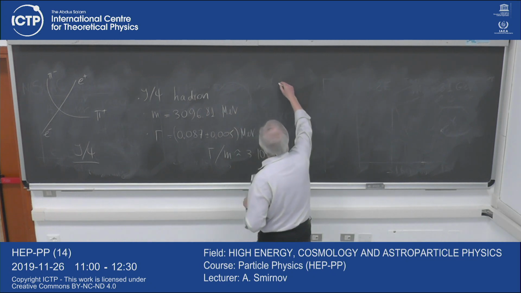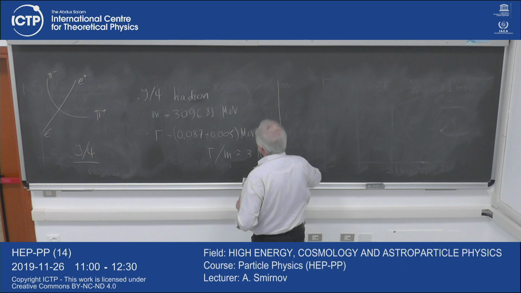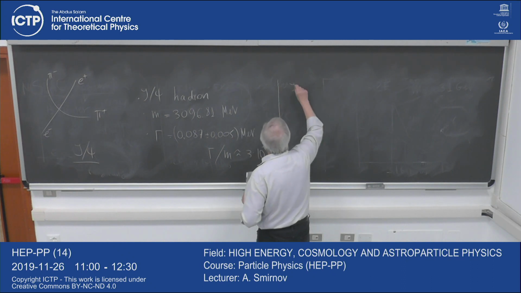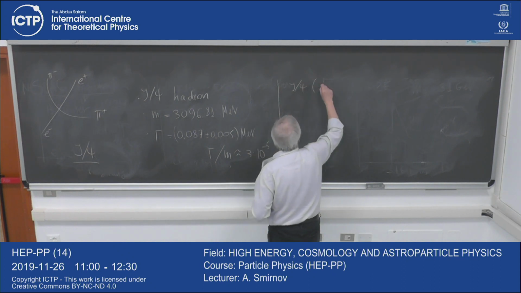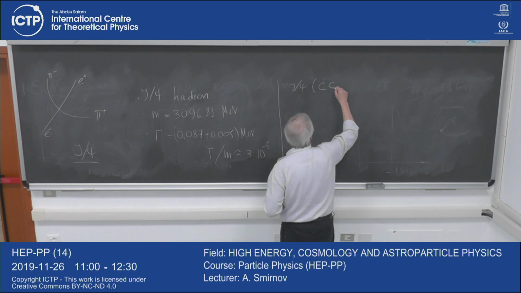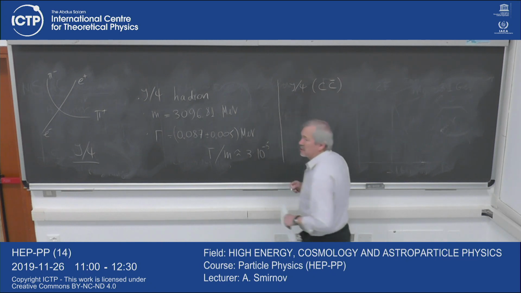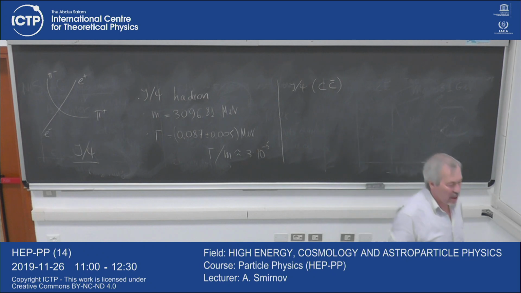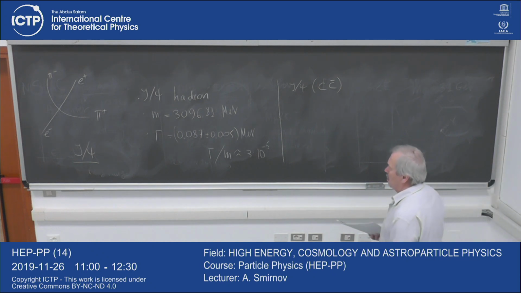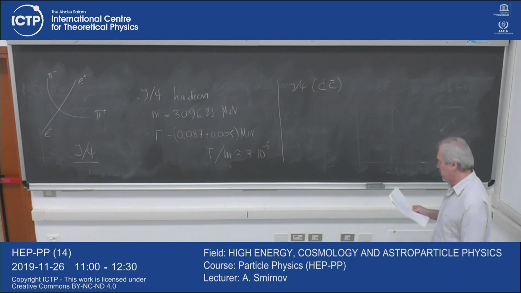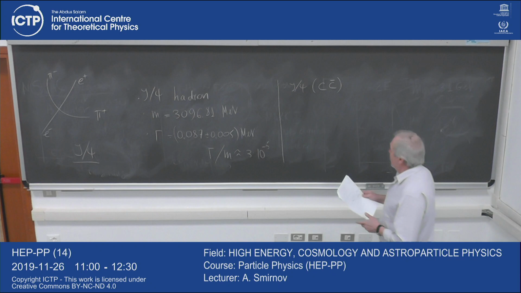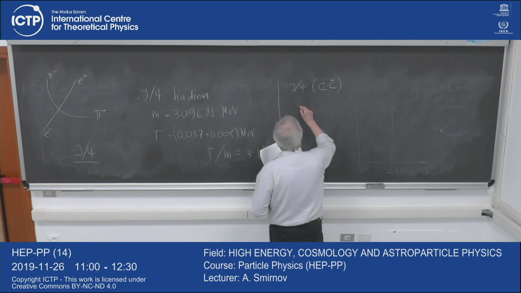So the interpretation was that J/psi is a composite state made of charm anti-charm quarks. The charm quark had been introduced before, and in 1970 it was used to explain the small branching ratio of the decay of K meson into mu plus mu minus. This particle has spin 1.